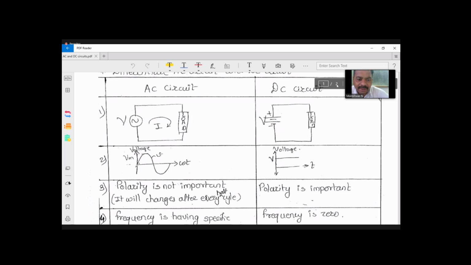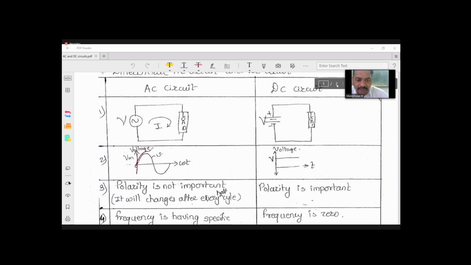For AC voltage, the voltage level may be different in every case. But the AC voltage source, as its name says, is alternating current. Alternating current means its polarity will be continuously changing, and the magnitude is also continuously changing. So how will it change? You can see here, this is the starting point of this waveform. From this reference voltage, it will go on increasing, then it reaches its maximum value.